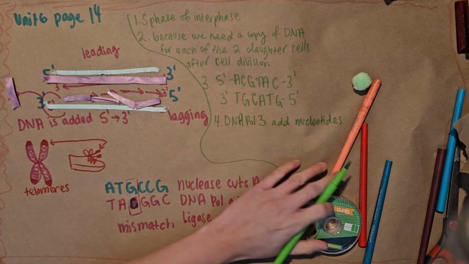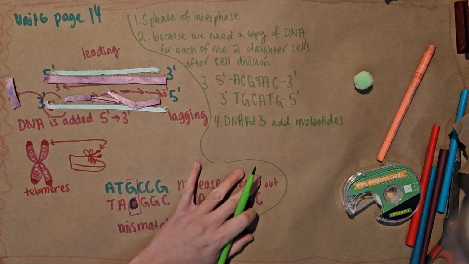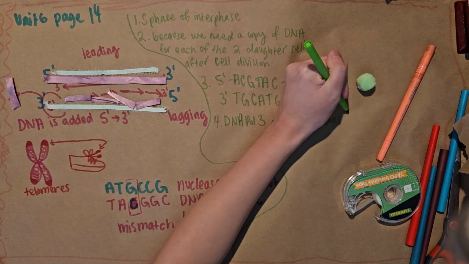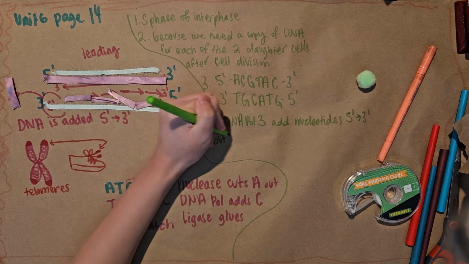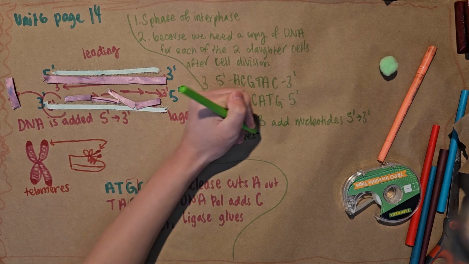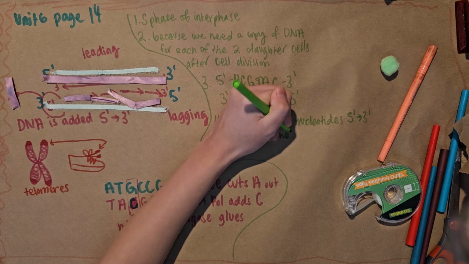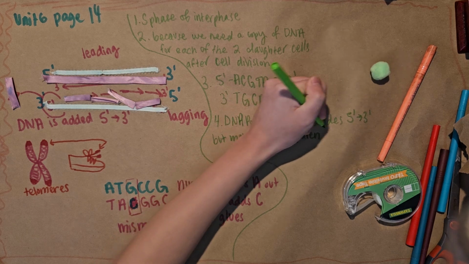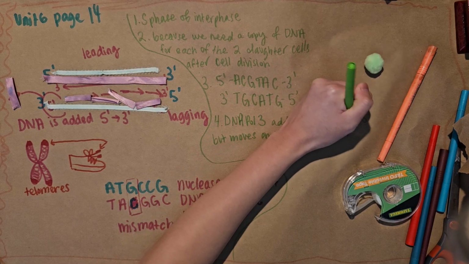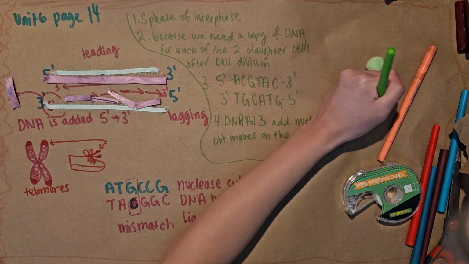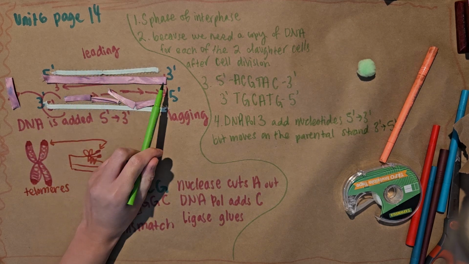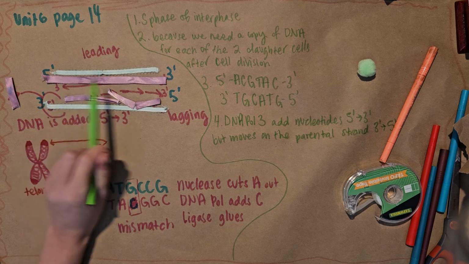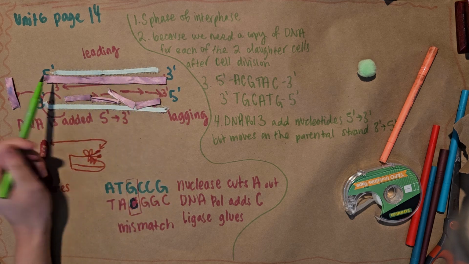When it adds nucleotides, the nucleotides themselves are added 5 to 3, but it moves on the parental strand 3 to 5. As you can see here, it goes from here to here. So the parental strand is actually 5 to 3.